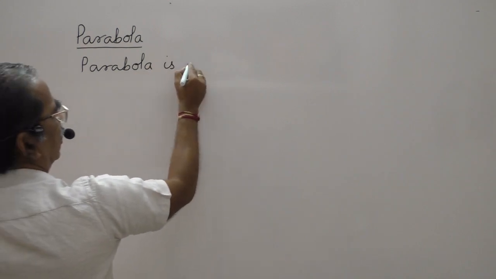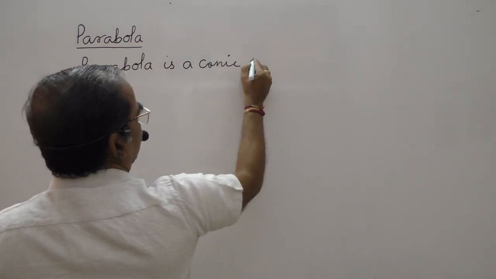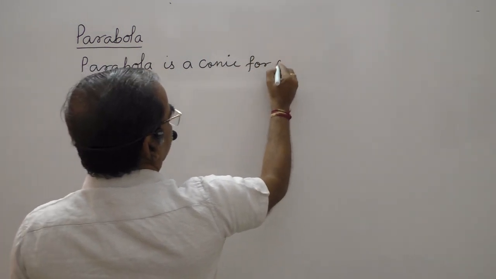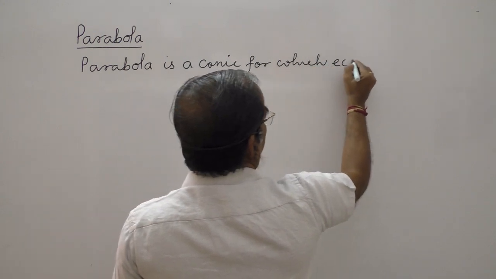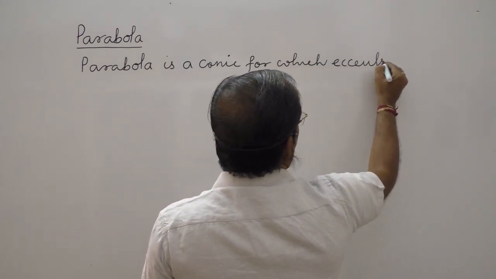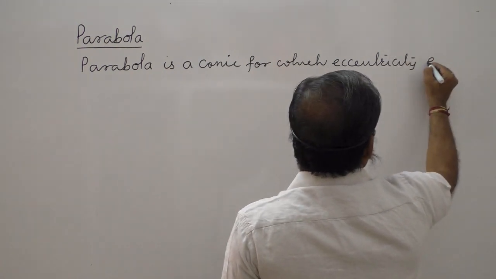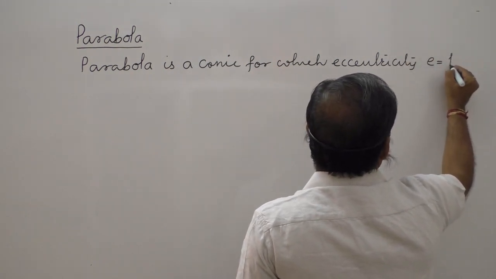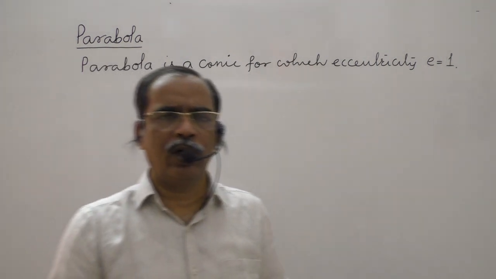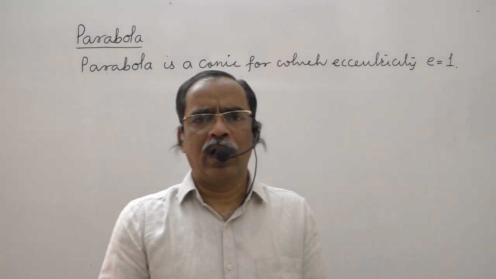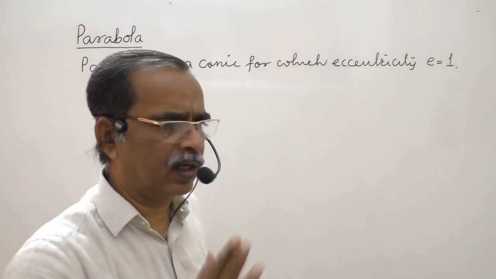Parabola is a conic for which eccentricity, small e, is equal to 1. That's all. Simply the definition of a parabola. What is a parabola? Parabola is a conic for which eccentricity is 1.